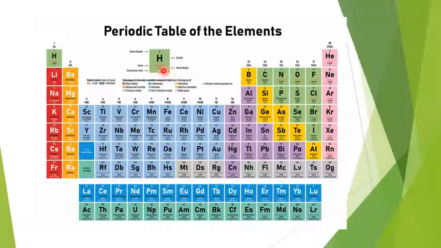So this says 1.008. What that means is its atomic weight is 1.008 atomic mass units. An atomic mass unit is the mass unit that defines atoms, and we'll see down the road that a proton weighs 1 atomic mass unit.